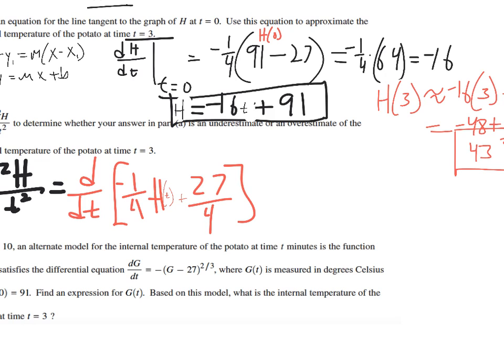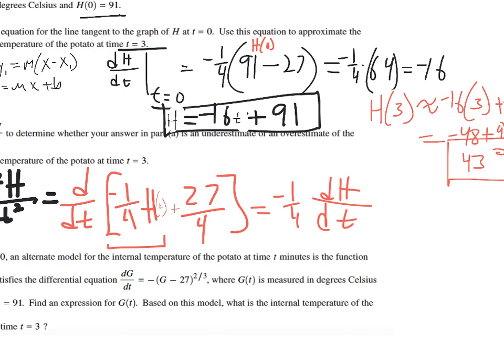All right, so the derivative of this first part is going to be the derivative of the inside, which is just 1, because the derivative of t is 1. And we have -1/4 times dh/dt. All right, the derivative of h is dh/dt.